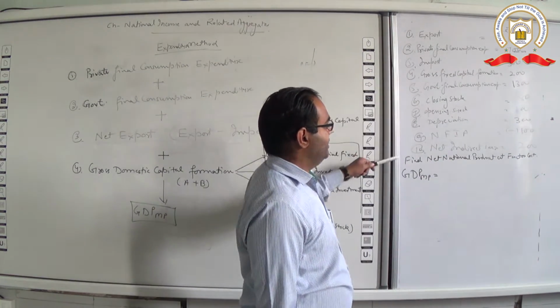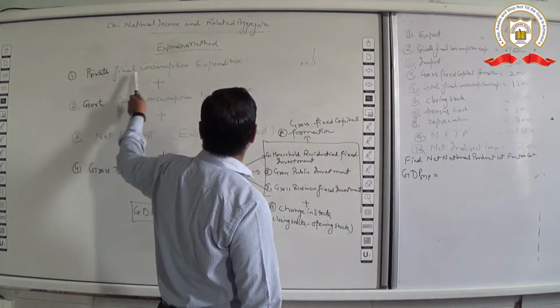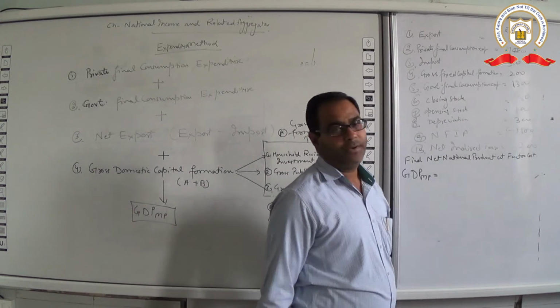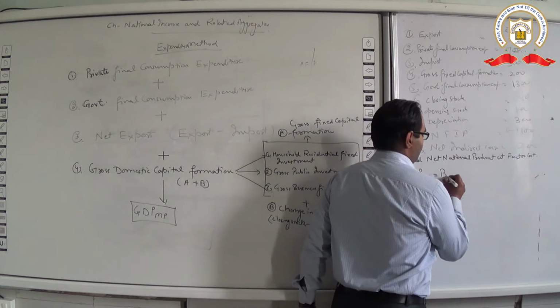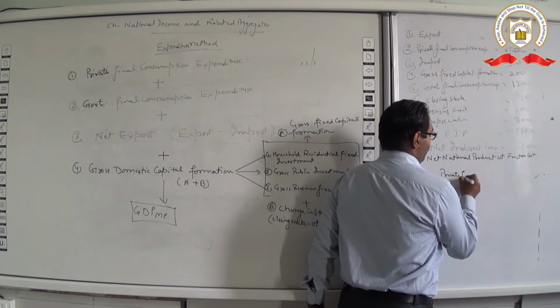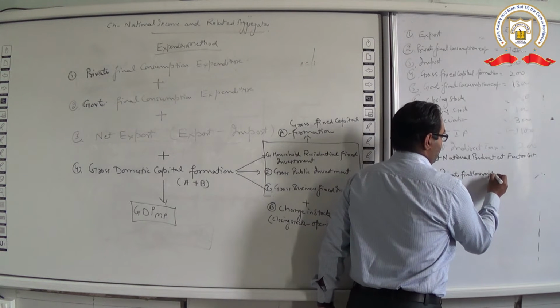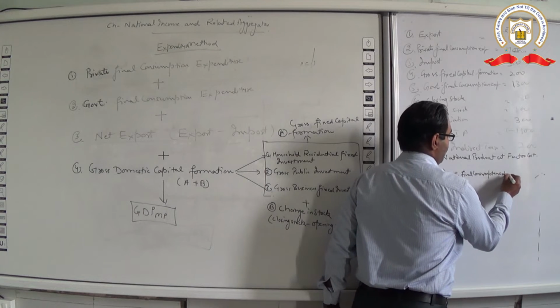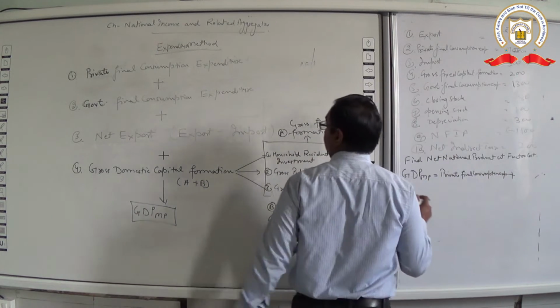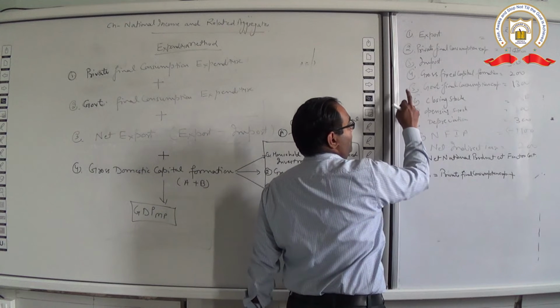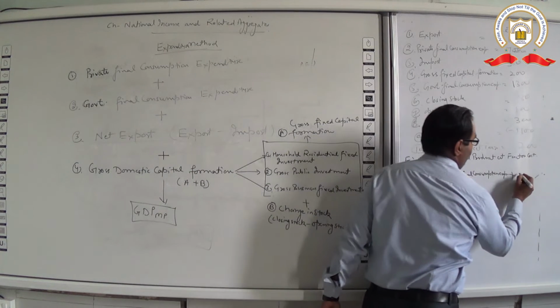So GDP at MP. The first component is private final consumption expenditure, which is given in this question. Then we add government final consumption expenditure, which is also given here.